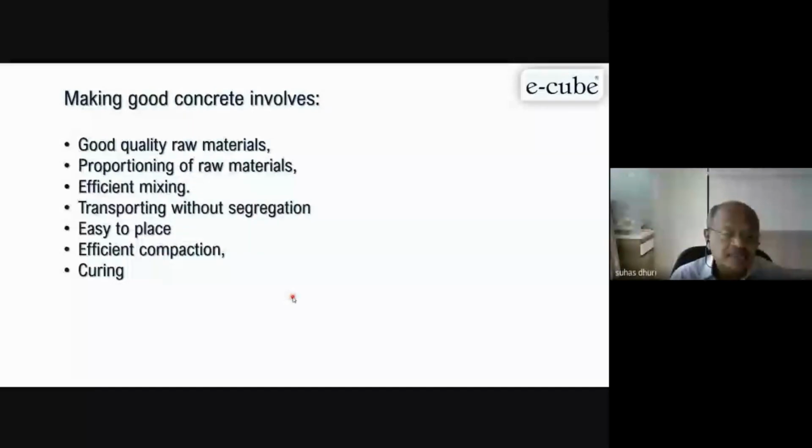because the raw material which is coming to the factory from the quarry itself is not of consistent quality. So that needs to be tested, and reproportioning is required, maybe not daily, but at least on a weekly basis.